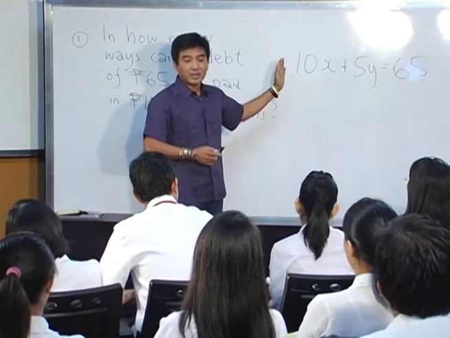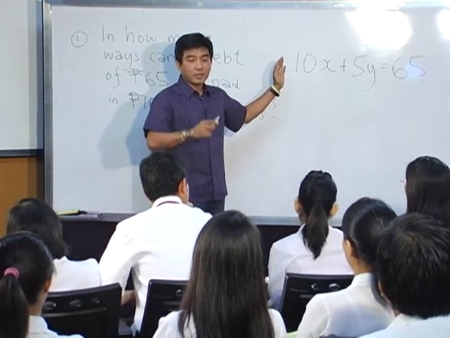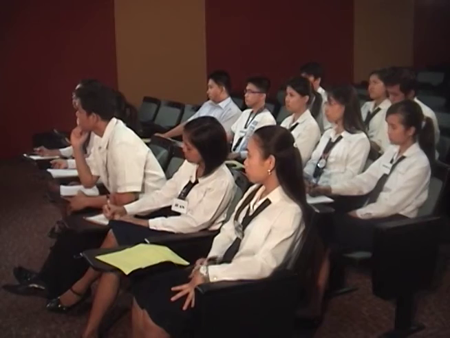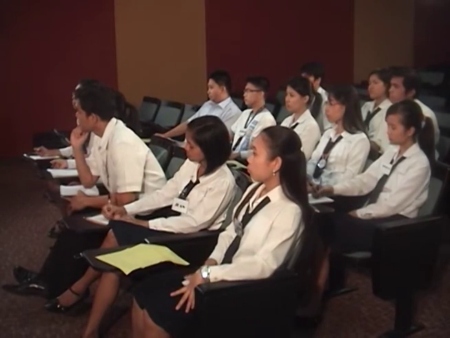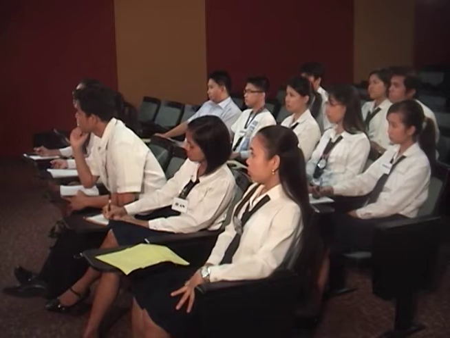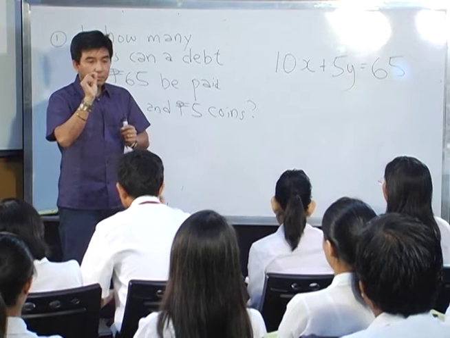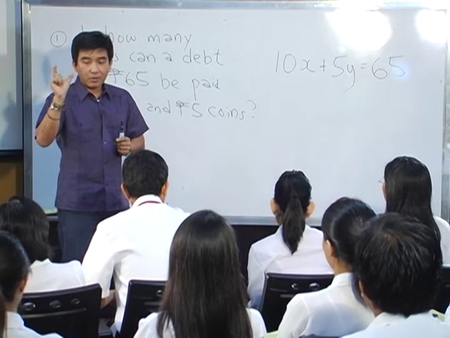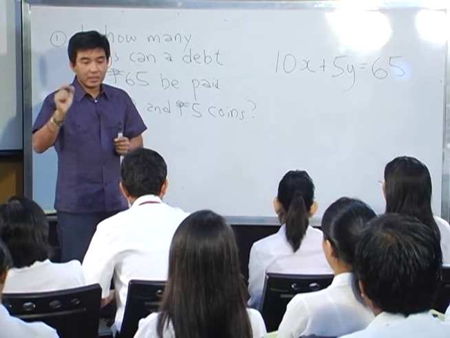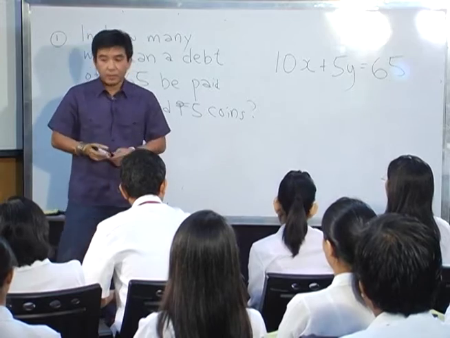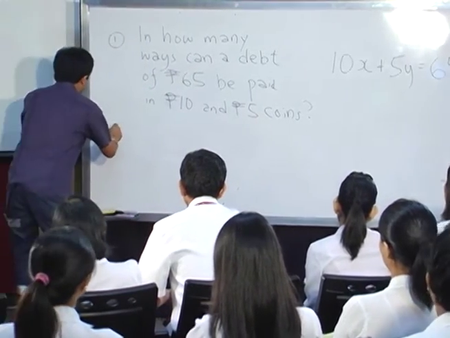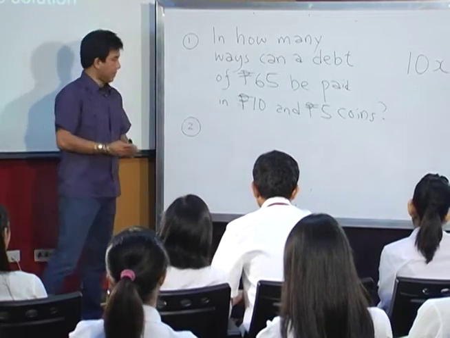If you imagine the line on the xy plane represented by this equation, the solutions we want are those points that are purely integral in coordinates. All those real number ordered pairs which are integers. So this is one example of a Diophantine equation.